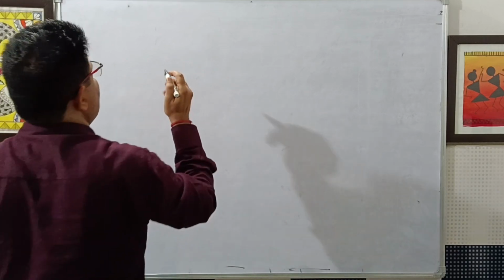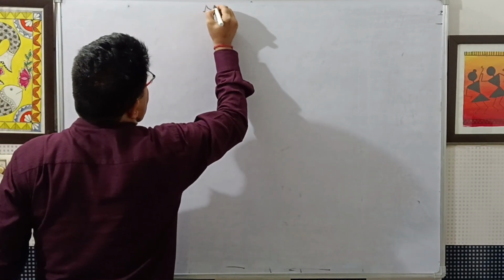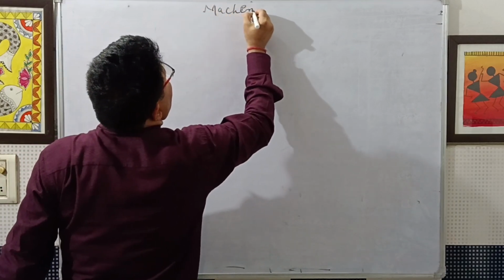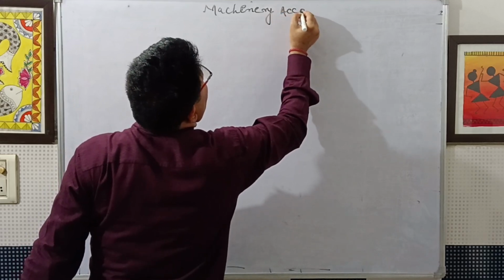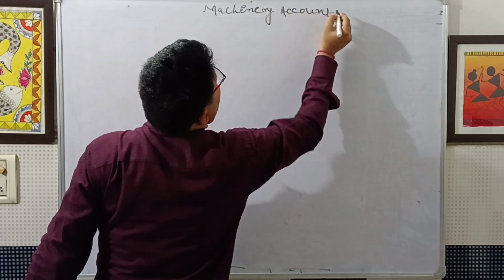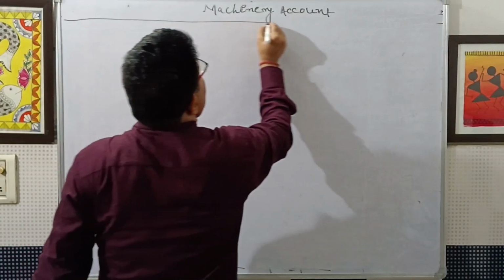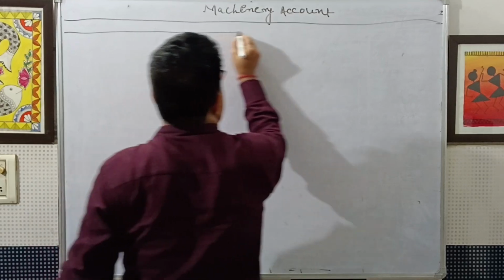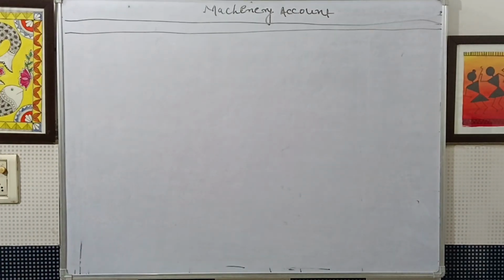This is the ledger account. So first, the format of the ledger account. Write here: machinery account. This is the format of the machinery account.